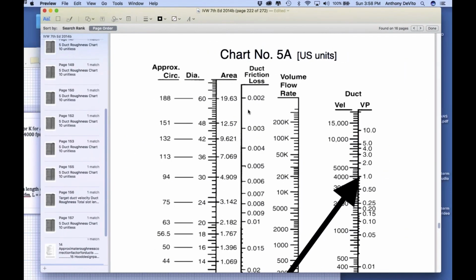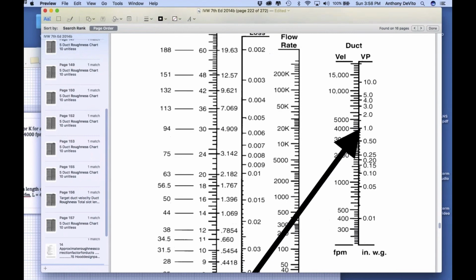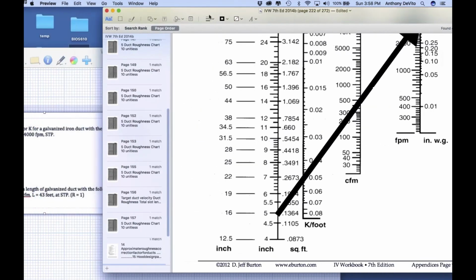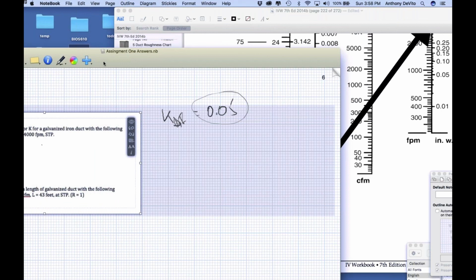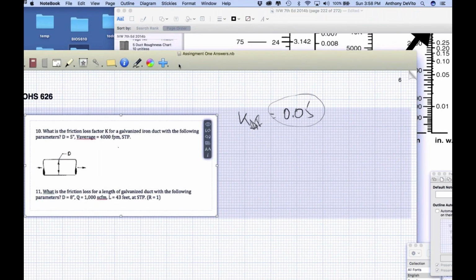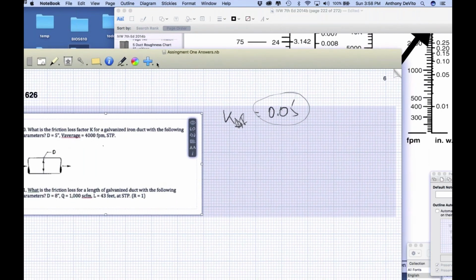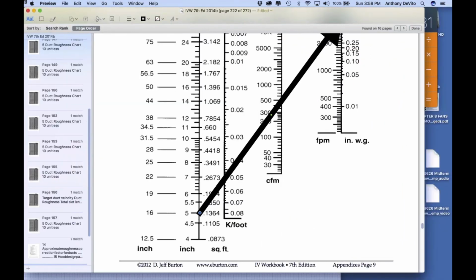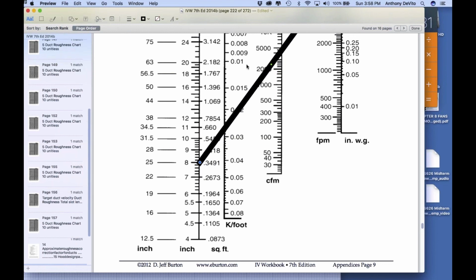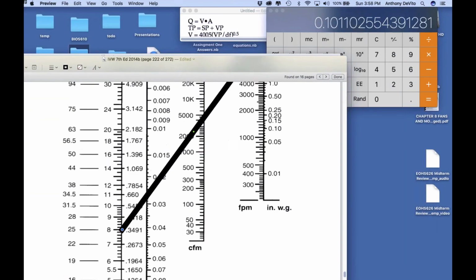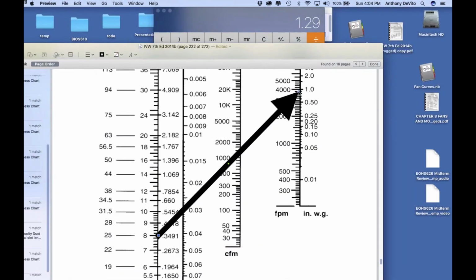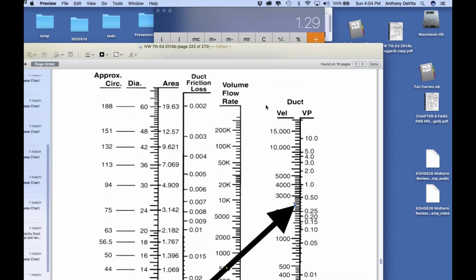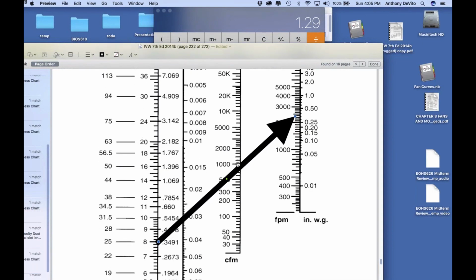So in this particular case, our diameter was 8 inches and 1,000 cubic feet per minute. So our ductwork was 8 inches in diameter. Let's pin that there, 8 inches in diameter. Flow rate is 1,000. So I should have been going through here. 1,000. Here we go.